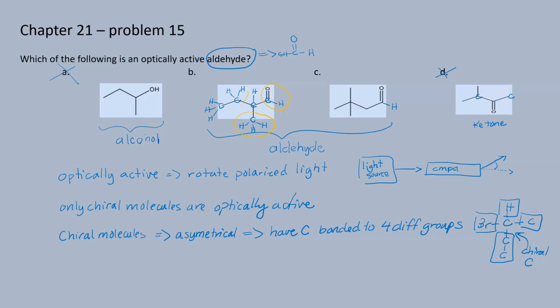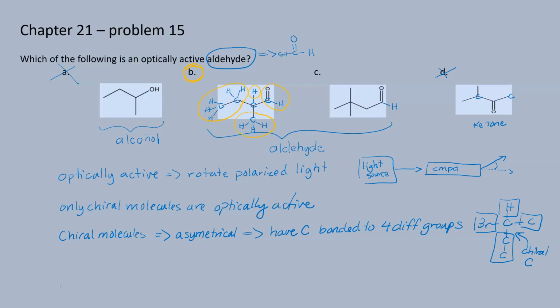And then it has the group to the left, which is a 2 carbon chain, and it has the hydrogen. So those 4 groups are totally different. So that's an optically active aldehyde.